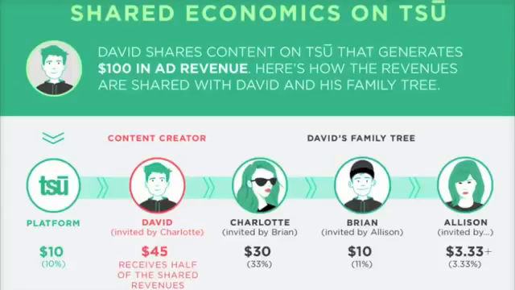So Allison can receive money off of ad sales even if the content that was used to create those ad sales was not created by her, but was created down her family tree. So even if she didn't bring on Charlotte or David, she still gets a portion of that. So what we're encouraging people to do right now is to grow their family tree and make children like Brian, lots of other children, and you want productive children that'll go out there and bring other people into the network, because if you're above them, that'll help you out financially even if you aren't.